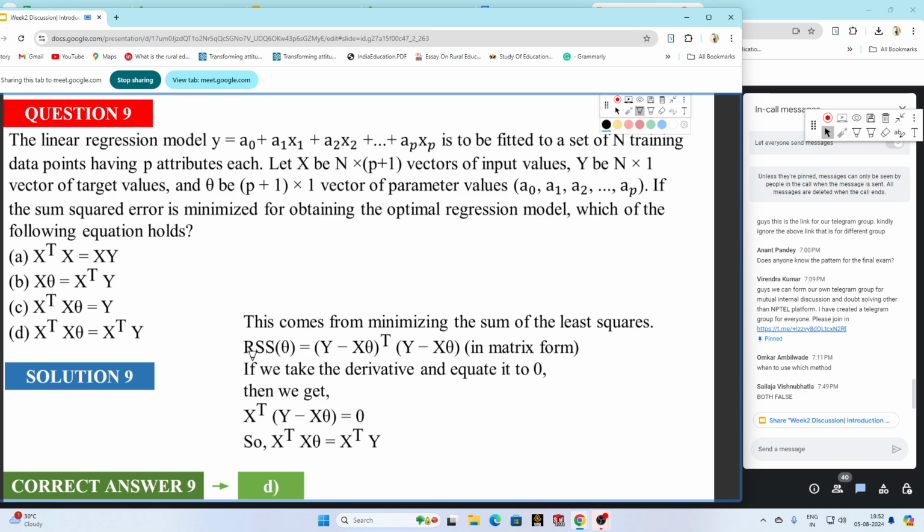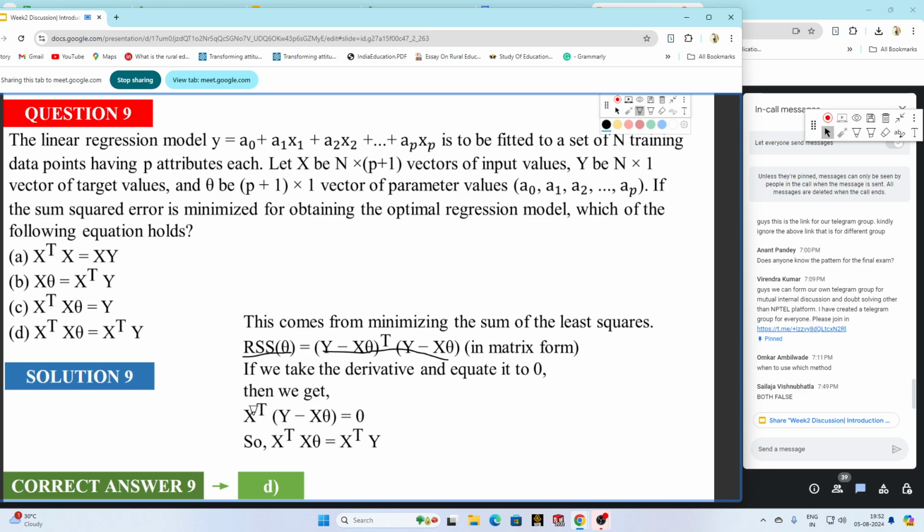We will be calculating the residual sum of squared error with respect to theta here. Earlier it was beta, now it is theta. So this is your formula. We already know that we have to take the derivative, and once we take the derivative we come to X transpose times (y minus X theta).